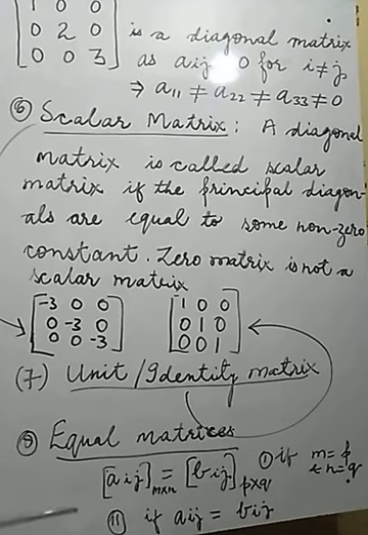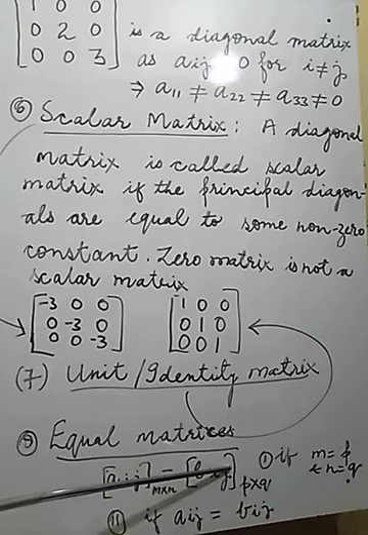Now consider the second row. The first element of the second row must be equal to the first element of the second row. The second element of the second row must be equal to the second element of the second row. The third element must be equal to the third element.